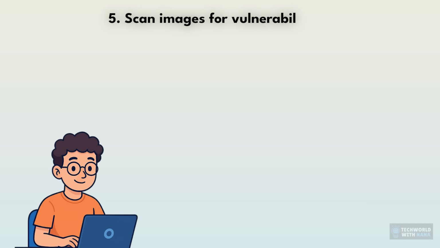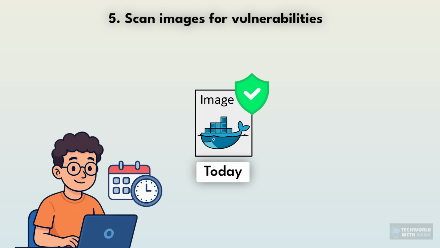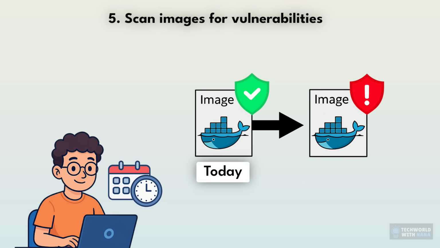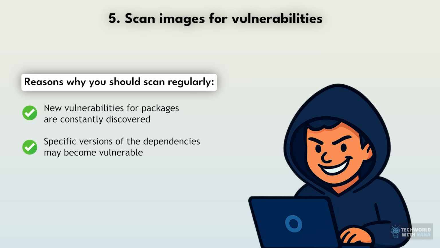And finally, the last security production best practice is to scan your images, and this is an important keyword, regularly, because your image might be secure today, but it may not be secure tomorrow. Why? Because very simply, new vulnerabilities are constantly discovered for different packages that your image may be using, or specific versions of the dependencies may become vulnerable.